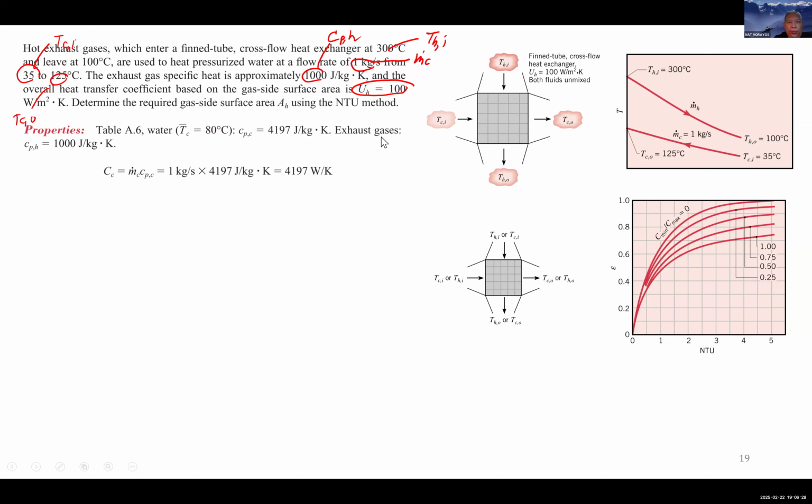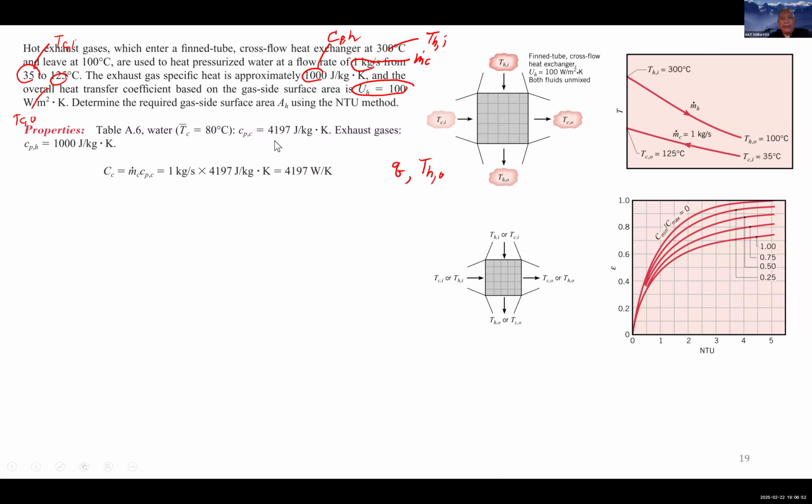So now you can see that we don't know Q, we don't know the THO, because we already know the THI.